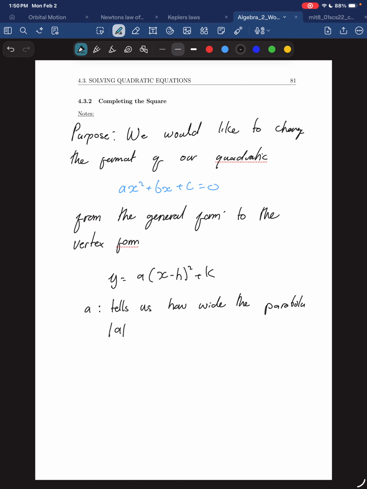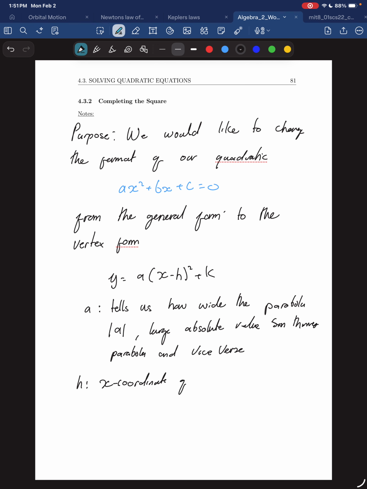A large absolute value means a thinner parabola, and vice versa. h in this instance is the x-coordinate of the vertex, and k is the y-coordinate of the vertex.